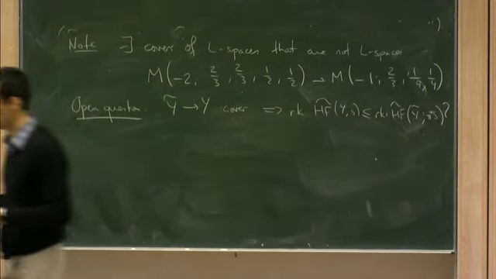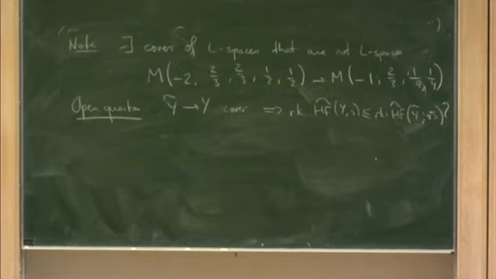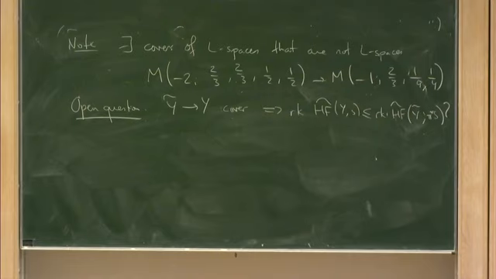You could drop these assumptions. We know it's true for regular covers, but what if it's irregular, or the automorphism group is not solvable, or b1 is not 0? I don't know if it's true or not in general.